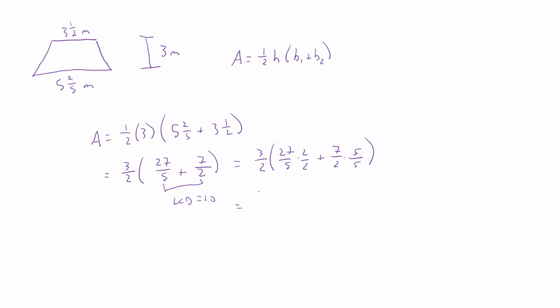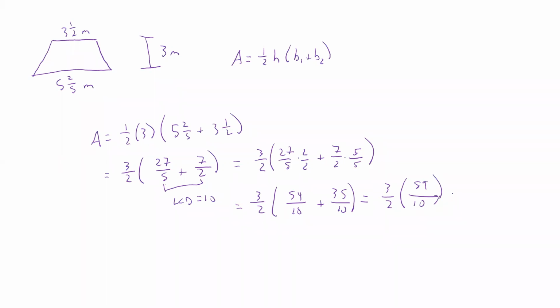And so this is going to be 3 over 2 times, now 27 times 2 is going to give us 54 over 10 plus 7 times 5 is 35 over 10. And so that's going to give us a 3/2 times. So now we have 54 plus 35, so it's going to be 89 over 10.